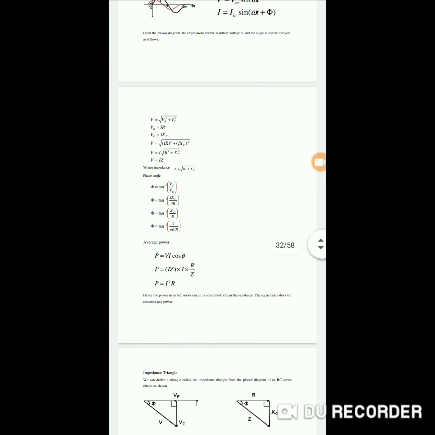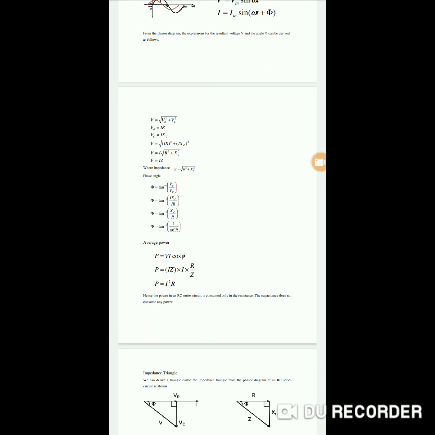If you see the impedance triangle, first with respect to VC, the resistance remains constant, that is in phase, and the capacitance is plotted down because it lags the current by 90 degrees.